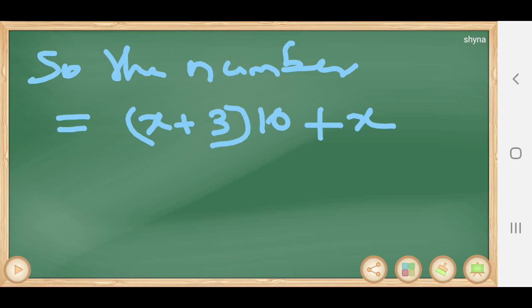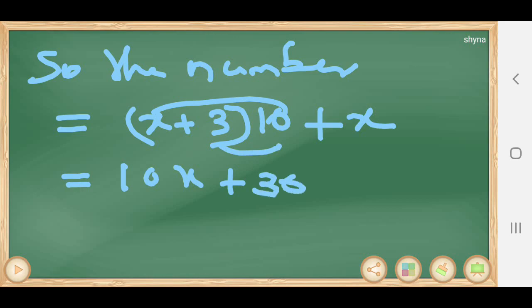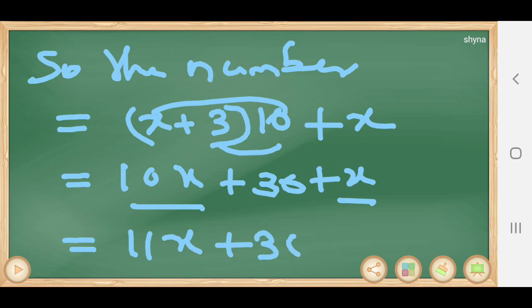So (x plus 3) into 10 plus x. What is (x plus 3) into 10? x into 10, that is 10x, plus 3 into 10, 30, plus x. Then here 10x and x you can add. 10x plus x is 11x. So 11x plus 30 is the first number.